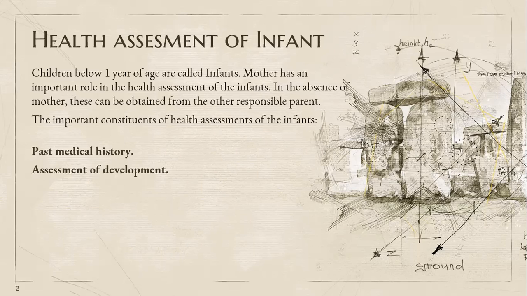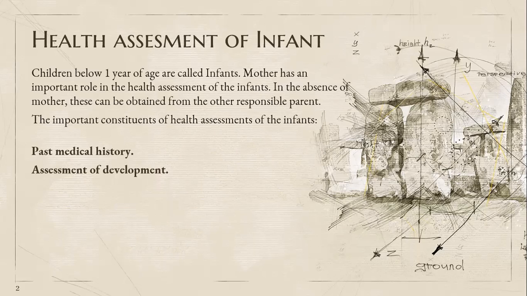Here, we should check the head and chest circumferences, weight and height of the baby, developmental milestones, for how many months baby head is controlled, or rolling over, sitting without any support, or standing with support or without any support, walking with support or without support, speaking words, eruption of first tooth, toilet training. All this history we should collect in assessment of development.